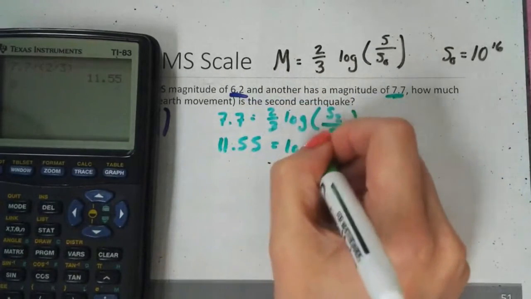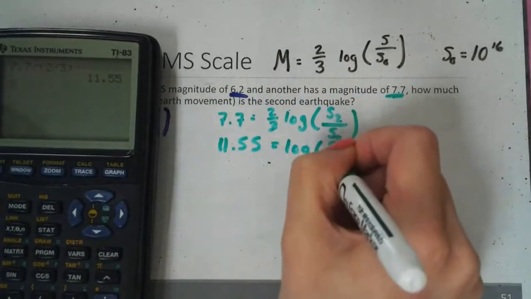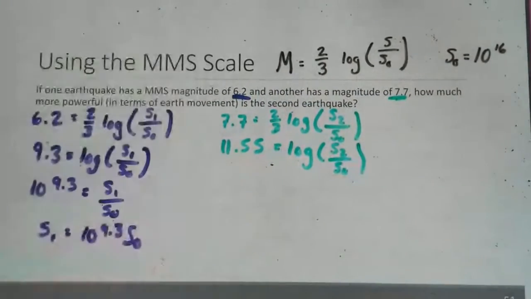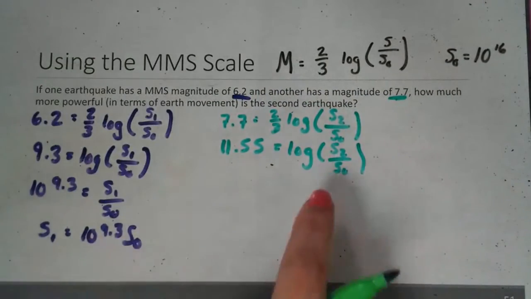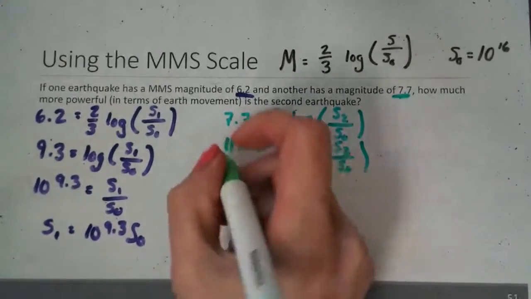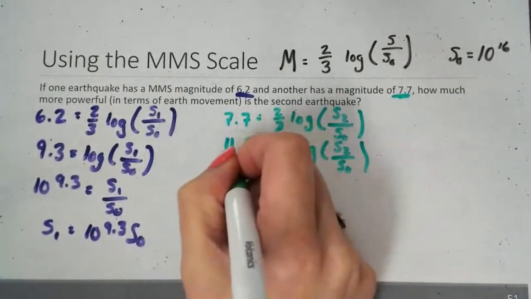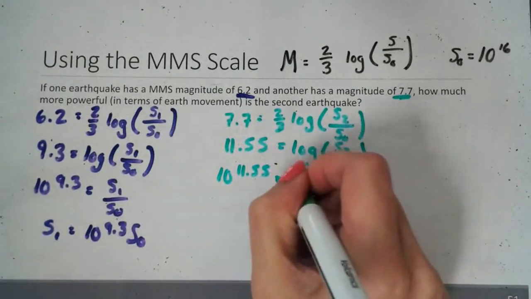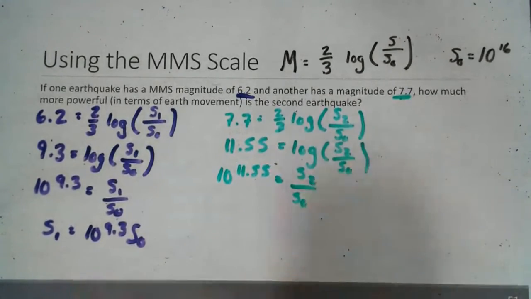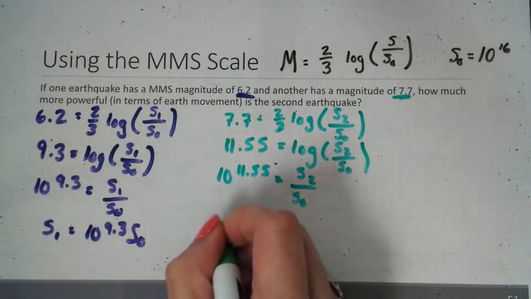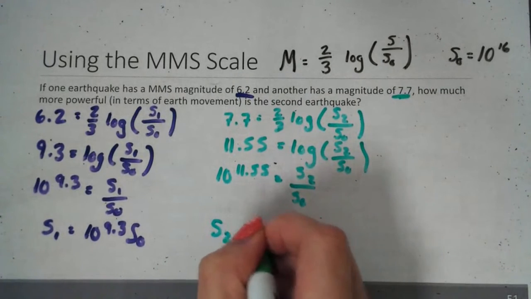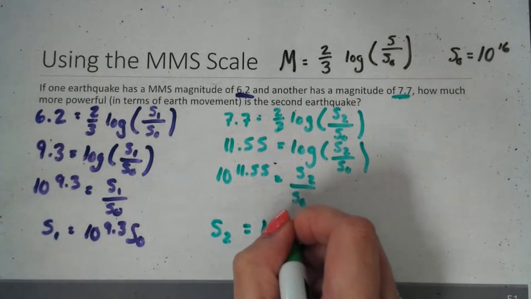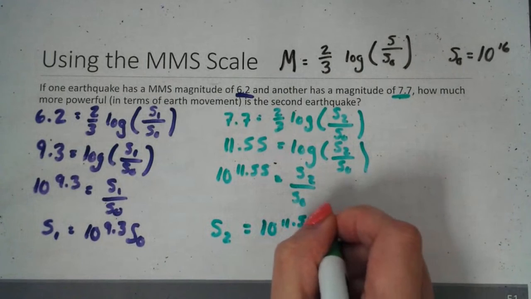That's going to be equal to the log of S sub 2 over S sub 0. I'm going to put that in my exponential form. So 10 raised to the 11.55 power is equal to S sub 2 over S sub 0. And if I multiply both sides by S sub 0, I get S sub 2 is equal to 10 raised to the 11.55 power times S sub 0.